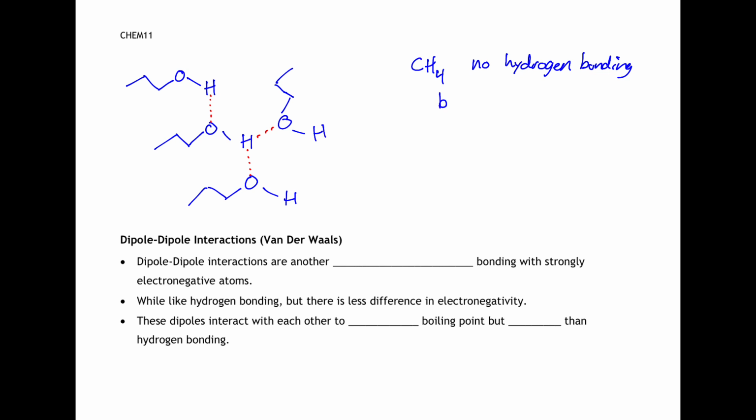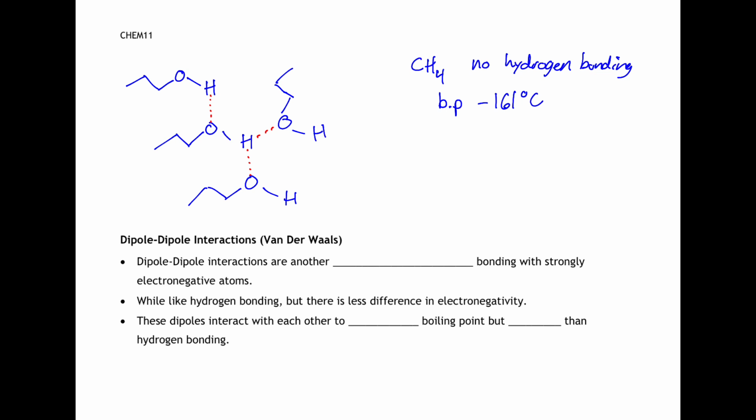It's got a boiling point of like negative 161 degrees Celsius. That seems ridiculous though, right? What does that negative boiling point mean? It means at room temperature, methane is a gas, and it takes down to 161 degrees below zero before it will start condensing into a liquid. You can get liquid methane, but you've got to get it real cold first. So that's the boiling point of the no hydrogen bonding methane.